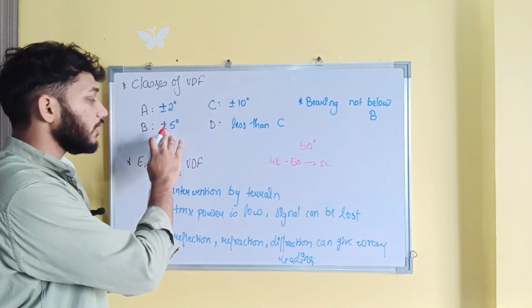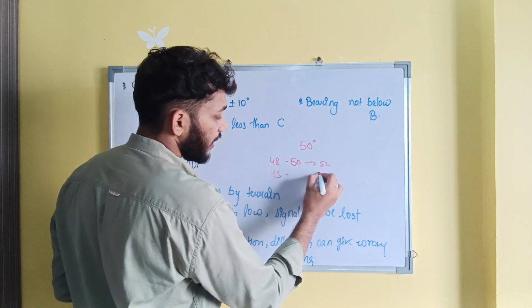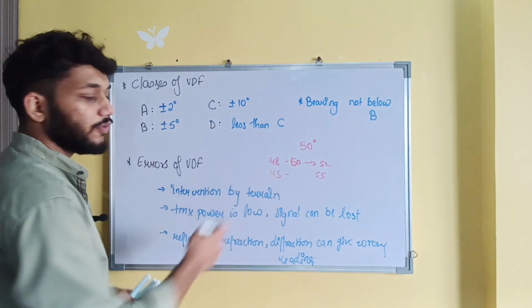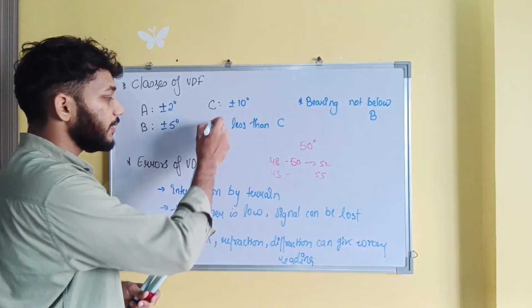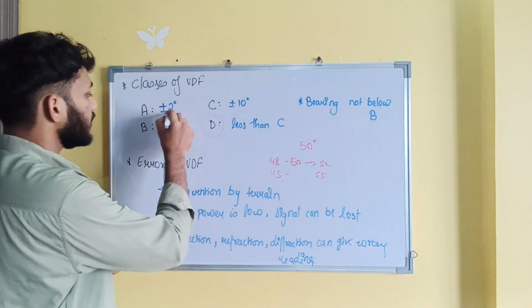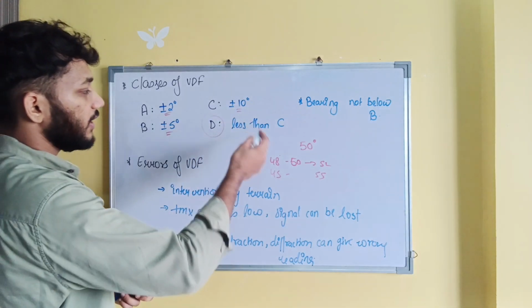Now if the error or accuracy is between plus minus 5 degrees, that is 45 and 55, it will lie in class B. Similarly, class C is 40 and 60, and lesser accuracy than class C will be in class D VDF. So you just have to remember these numbers: plus minus 2, plus minus 5, plus minus 10, and less than Charlie.